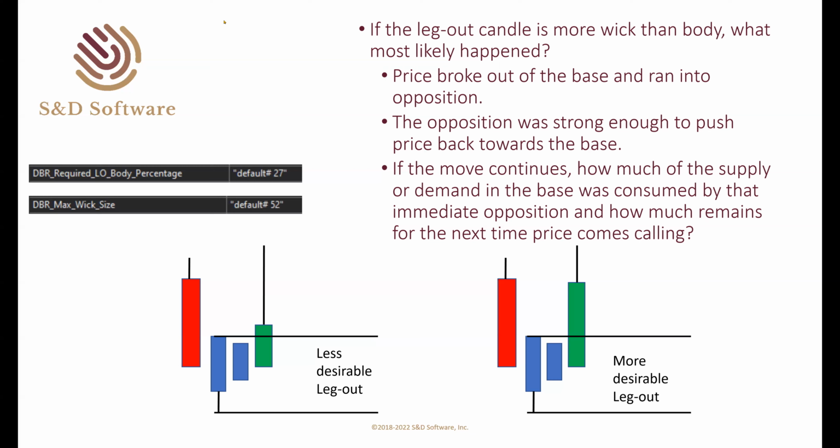So they're giving you two different ways to accomplish the same thing. And again, what you're trying to accomplish here is avoiding the first situation on the left with the less desirable leg out, and you want the situation on the right.